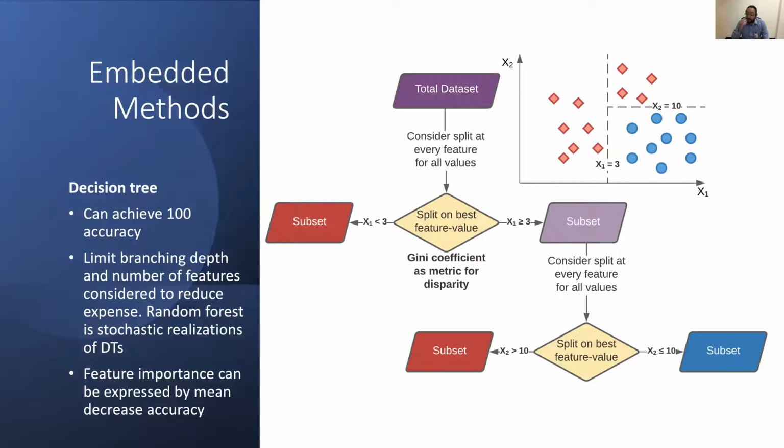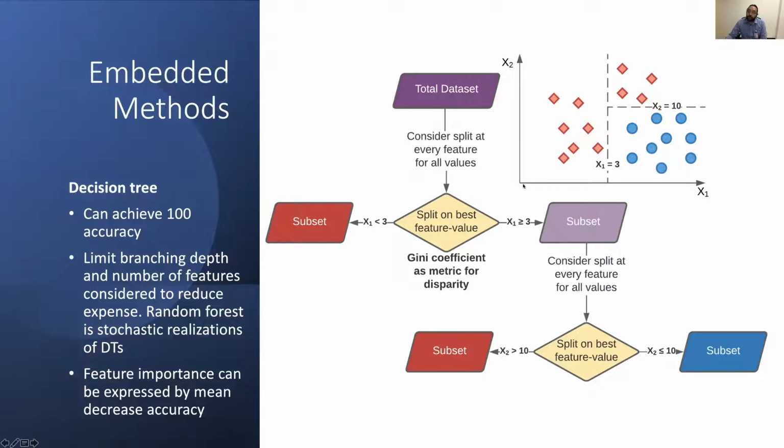Maybe some of you have heard of the Gini coefficient for wealth disparity, or for showing which are the richest countries. It's a metric showing how different two things are. It also accounts for how similar the two groups are, but never mind that. Point is, there's a metric to describe, when I draw a line here, how different those two groups are, and by different, I mean in terms of their labels, how mixed their labels are.